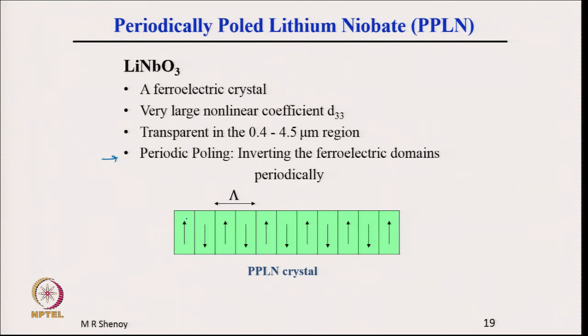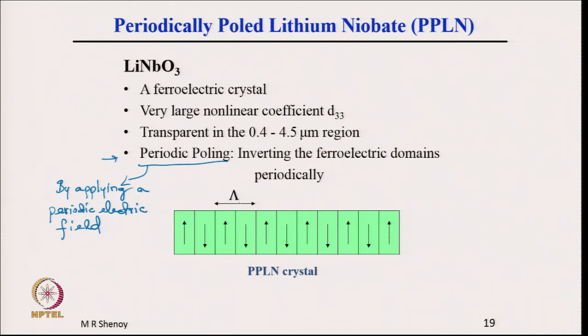So, this is a ferroelectric crystal where the ferroelectric domains can be periodically poled by applying a periodic electric field. We can have a grating with the period lambda.